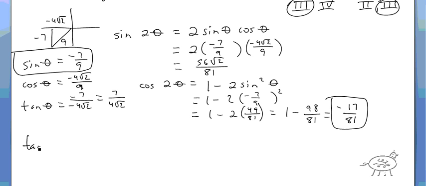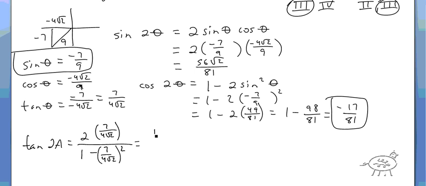So tangent of 2A is equal to 2 times tangent of A, so 2 times 7 over 4 root 2, divided by 1 minus 7 over 4 root 2 squared.